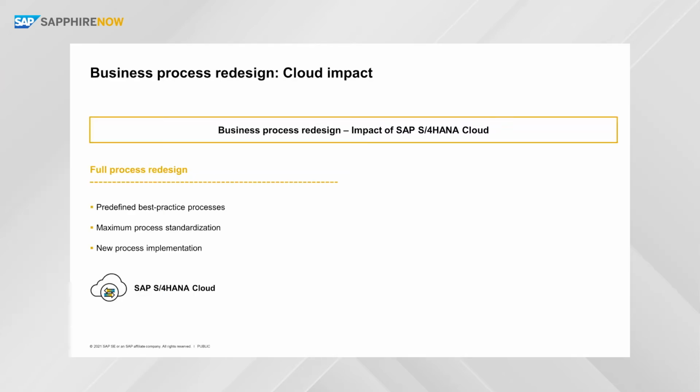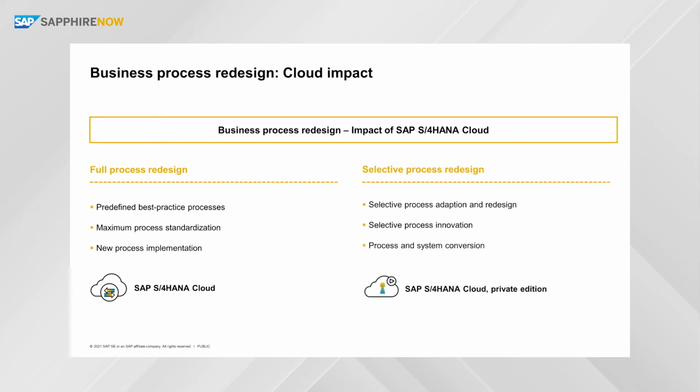The great thing is with S/4HANA Cloud, you can go into a full process redesign where you basically throw away the old process garbage and go to a net new process standard using process best practices and a maximum of process standardization. But also, if you need your process heritage to a certain extent, or you want to keep certain developments that you invested in, you can go into a selective process redesign, which means that you keep good parts of your processes, but you change certain other areas in your process setup and your data structures.